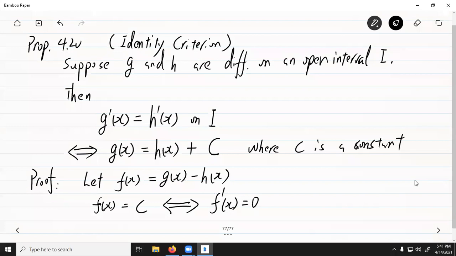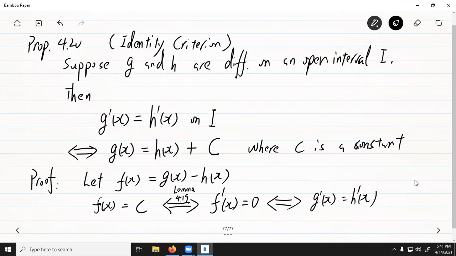This is the lemma we just proved, 4.19. It's equal to a constant if and only if the derivative equals 0. So the derivative equals 0 means g prime is equal to h prime, right?